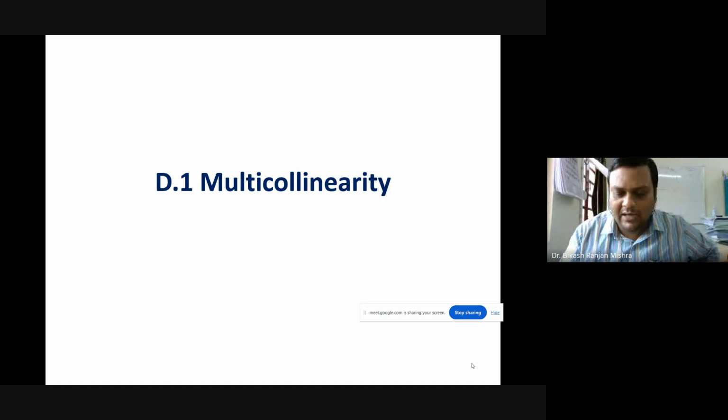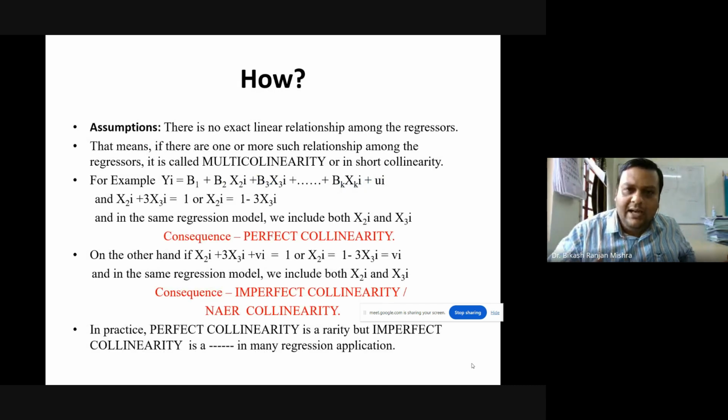That is D4, model specification. As I have told you, the idea of collinearity is that if you have multiple independent variables x2, x3, etc., then the variables may be interrelated with each other.